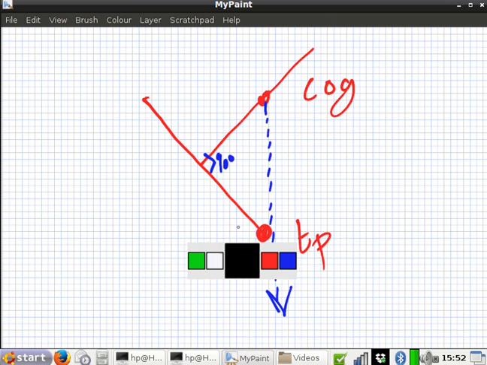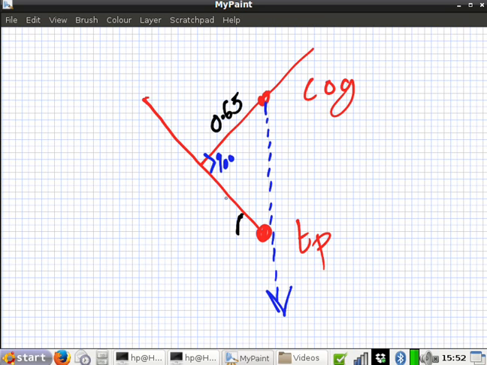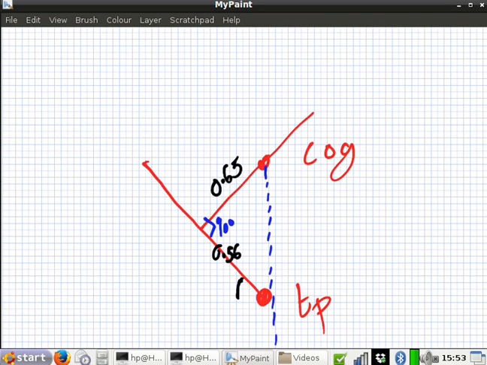And they would like this angle. Okay? Now they tell us that this distance here is 0.65. And you know this distance here is x. And we found x. What was our x? 0.56. Wasn't that what we got for x?